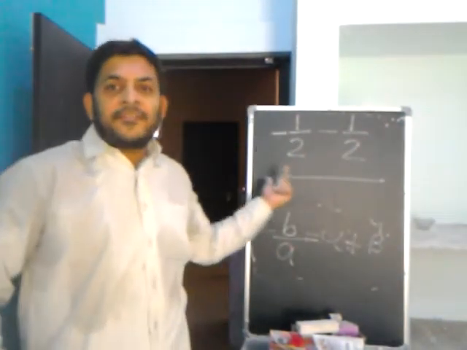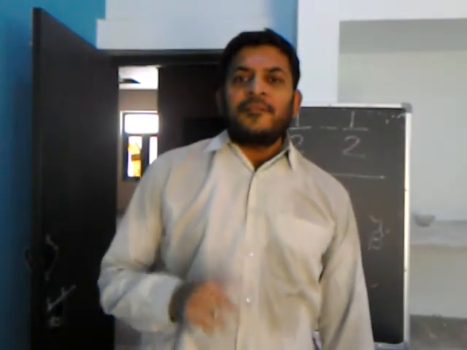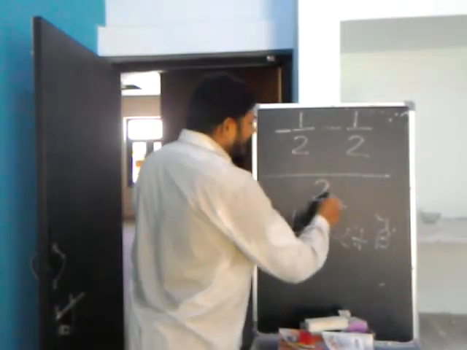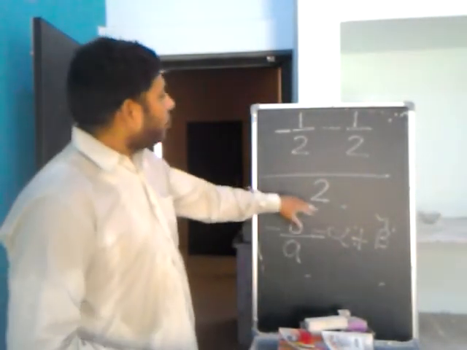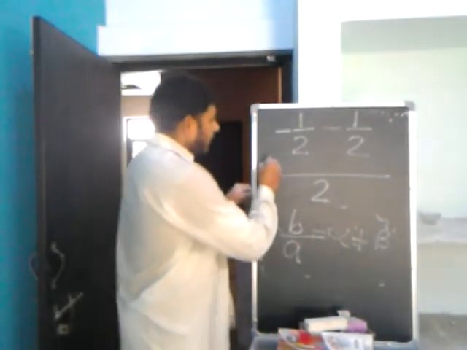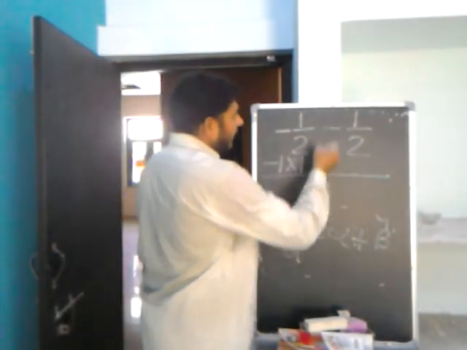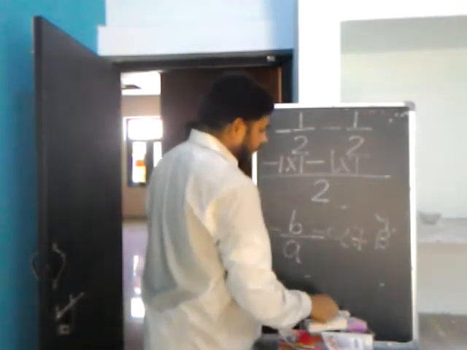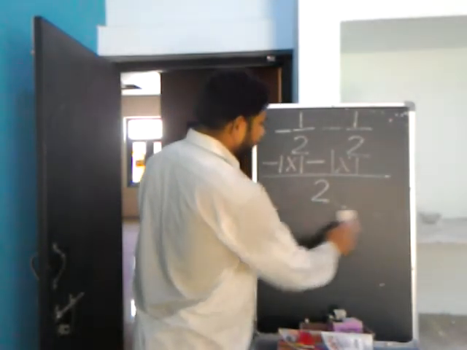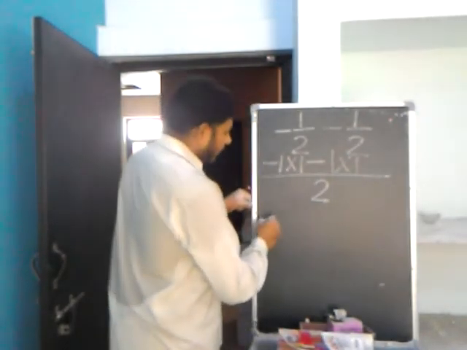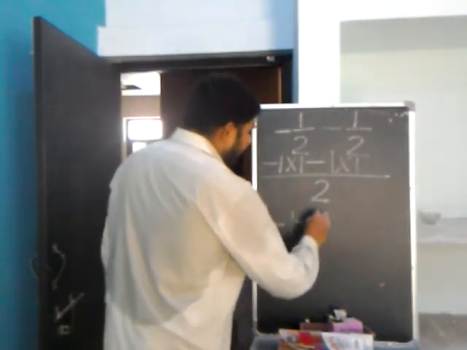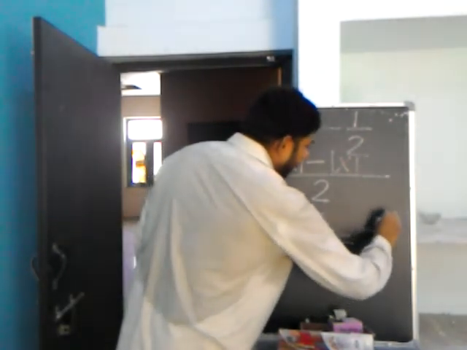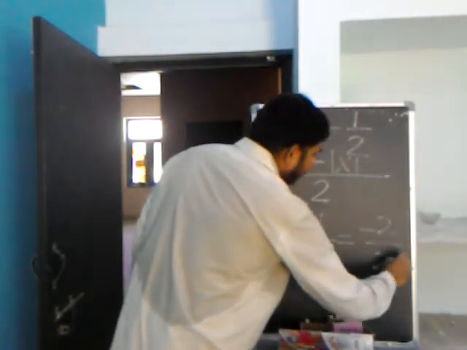Since both have the same minus sign, they will be added by the LCM method. So LCM is 2. 2 ones are 2. Minus 1 into 1, minus sign again. 2 ones are 2. It becomes minus 1 upon 2 or minus 2 upon 2.